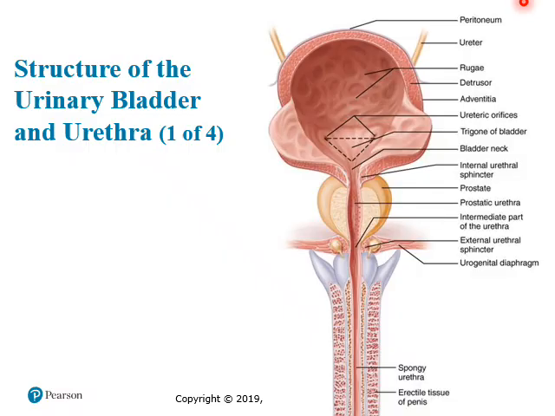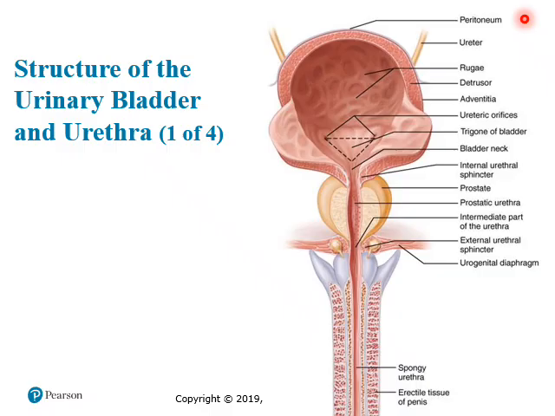Okay, so let's take a look at what's so important with the wall of the bladder. Well, the mucosa of the bladder is again transitional epithelium, like the mucosa of the ureters. The thick muscular layer, cumulatively called detrusor muscle, contains three layers of smooth muscle.